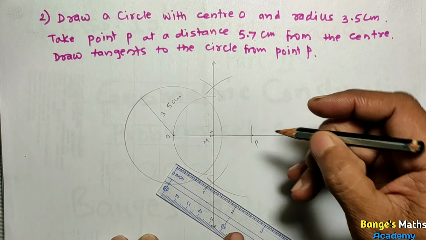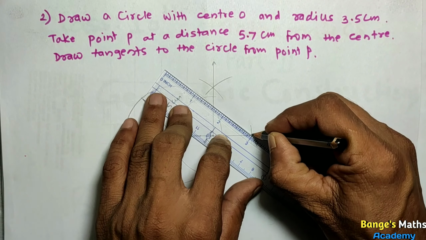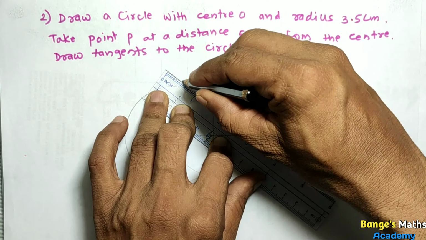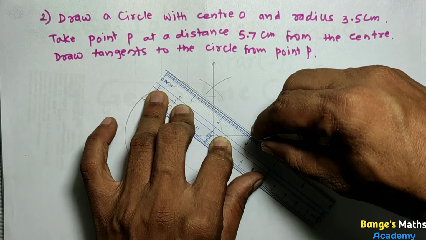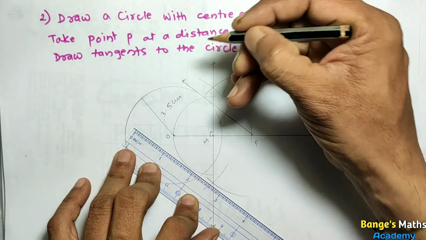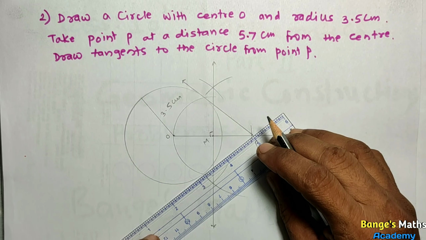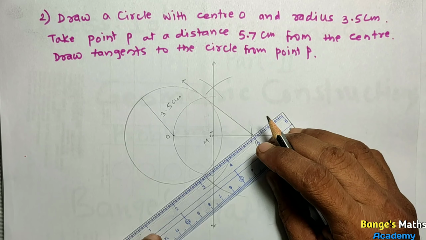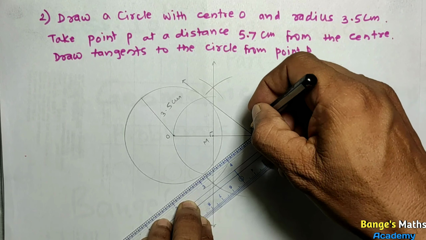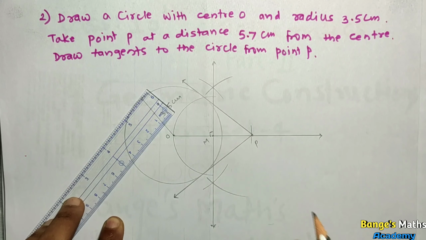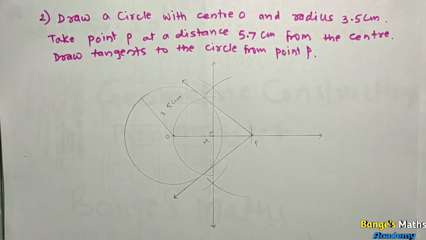Then join point P and point where arc intersects circle. So we drew tangent to the circle from exterior point.